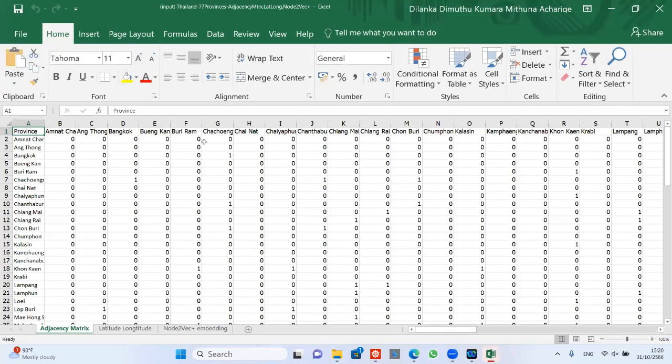The first sheet, it's got the names and it's got the adjacency matrix, right? You will notice that this adjacency matrix is completely what? Symmetric, right? So you can see that Chachoengsao and Bangkok are connected. And so Bangkok and Chachoengsao are connected. Okay.